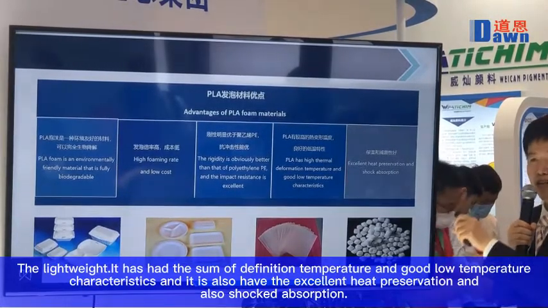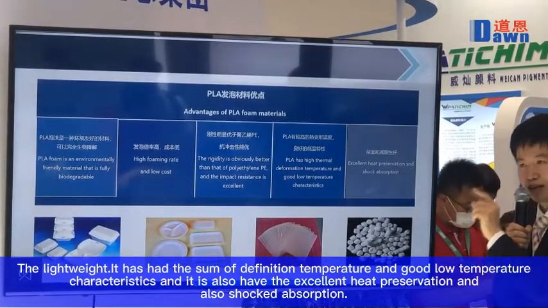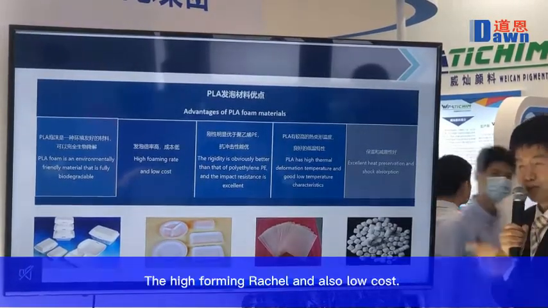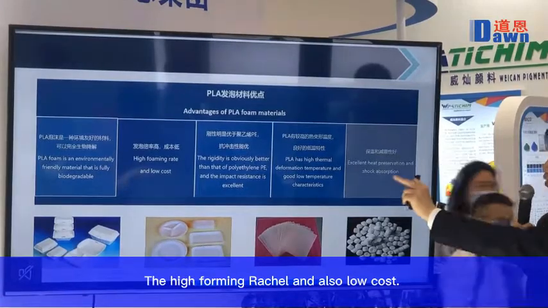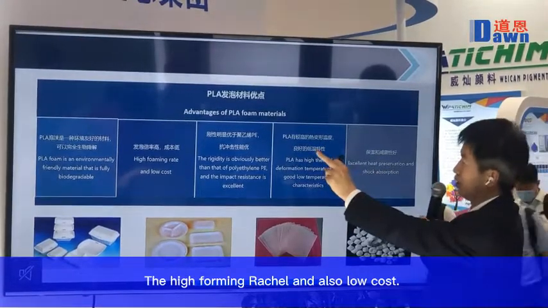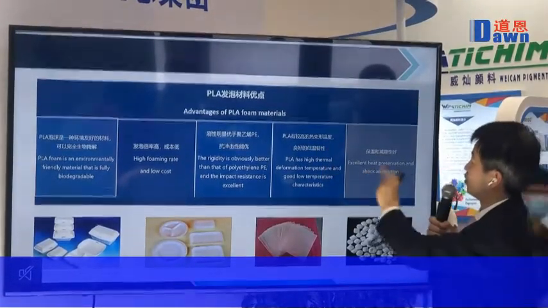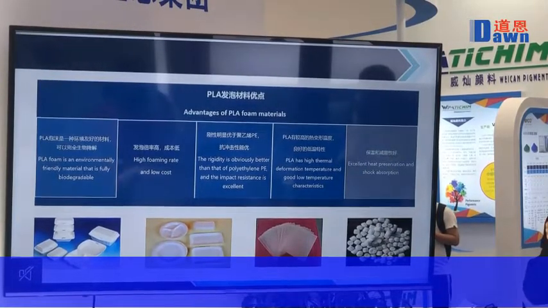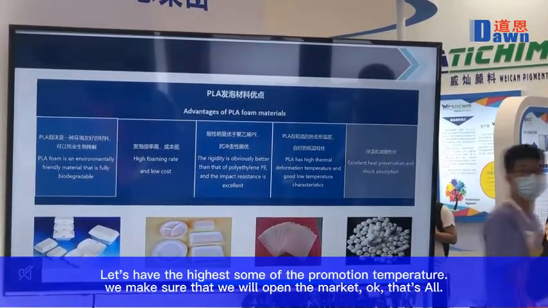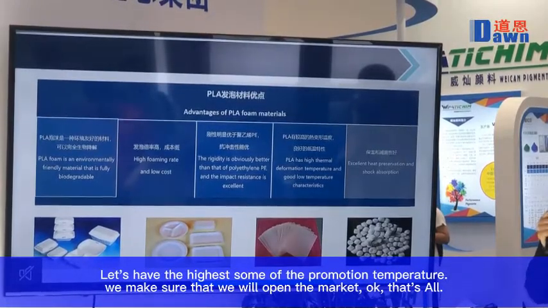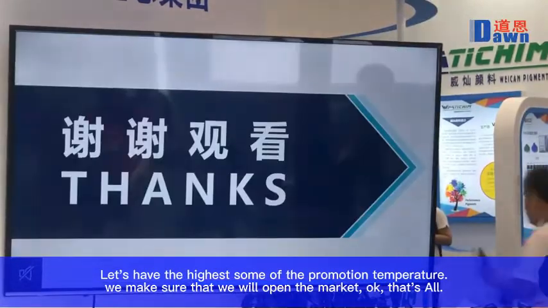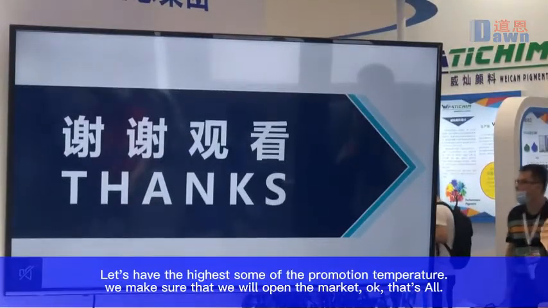It also has excellent heat preservation and shock absorption. The high foaming ratio and also low cost. It has a high thermal diffusion temperature. We make sure that we will open the market. Okay, that's all.